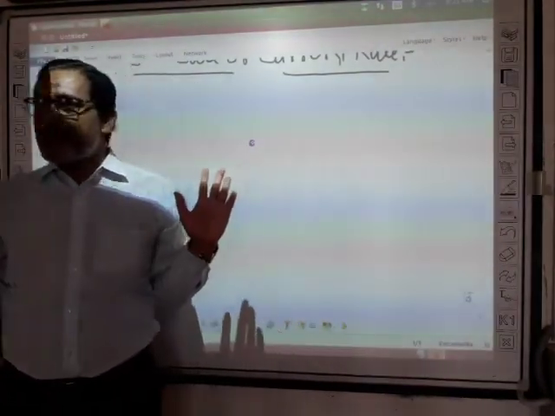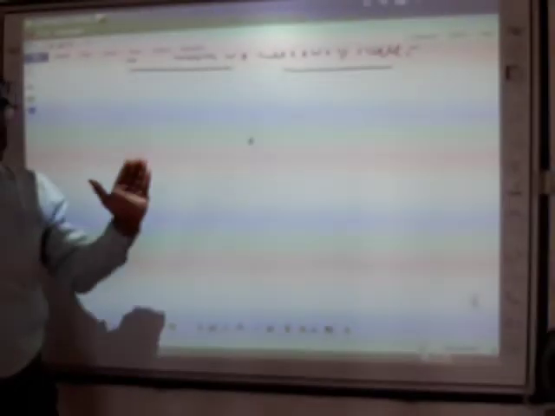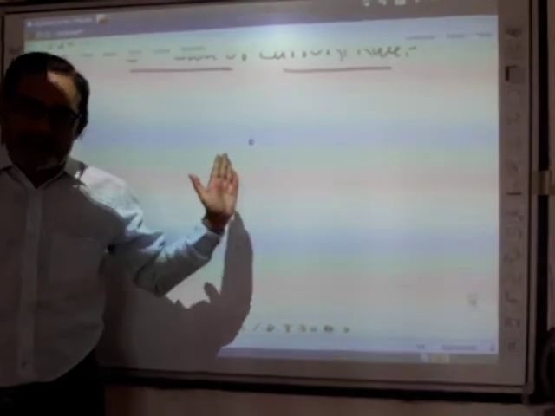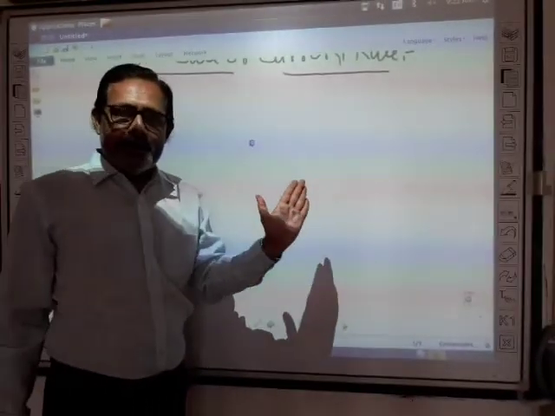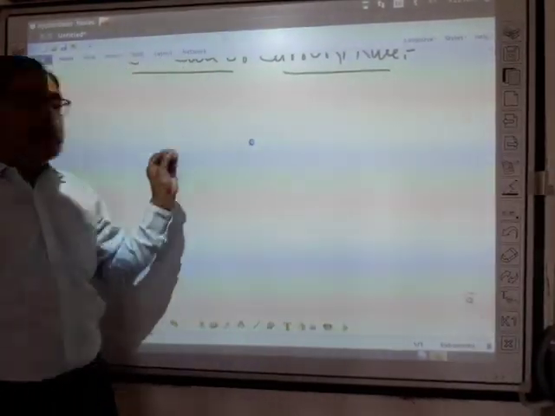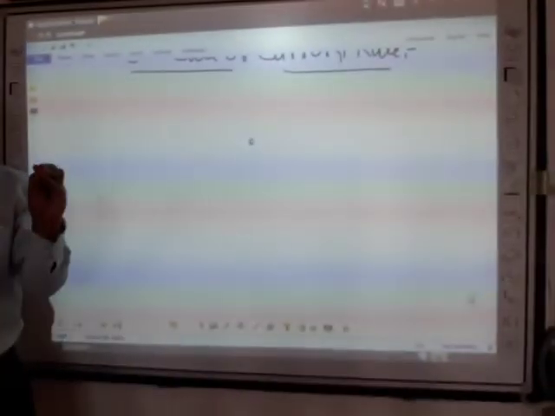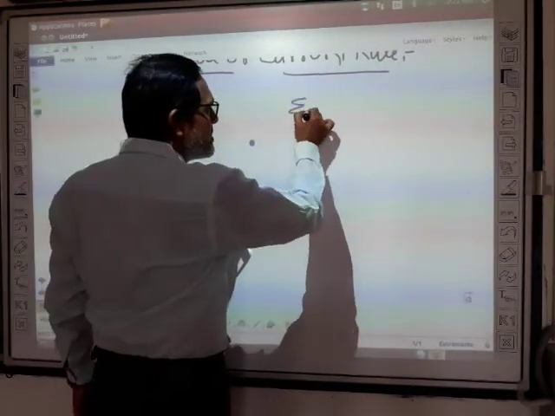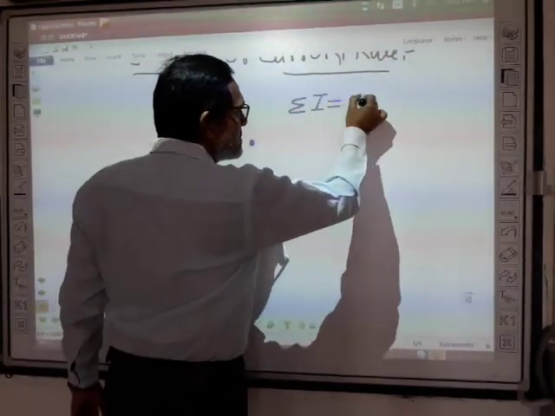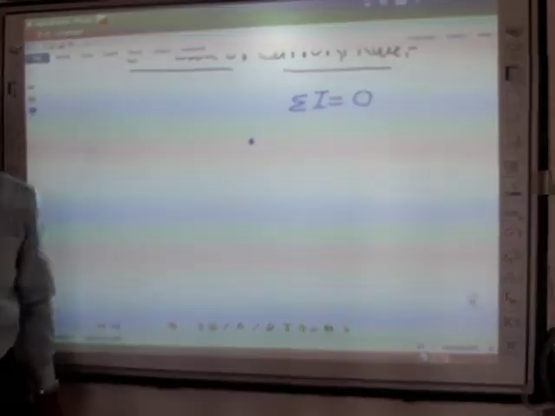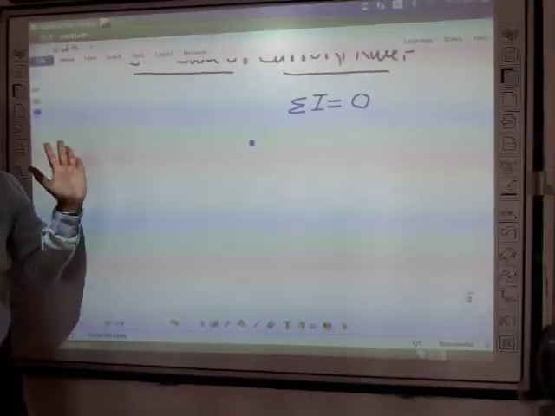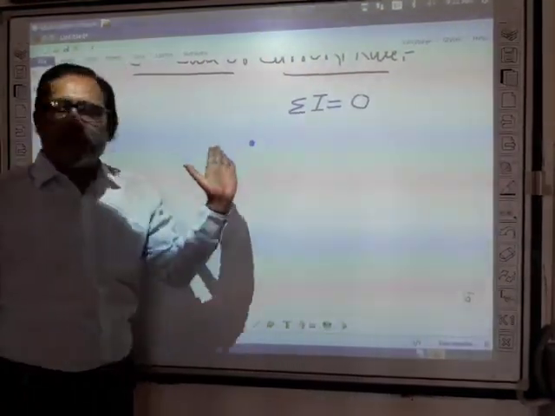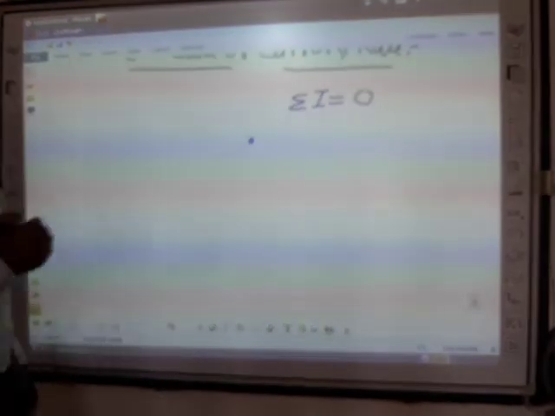Symbolically, you write sigma I is equal to 0. This is the basic law. Is it clear? Now we can take an example.